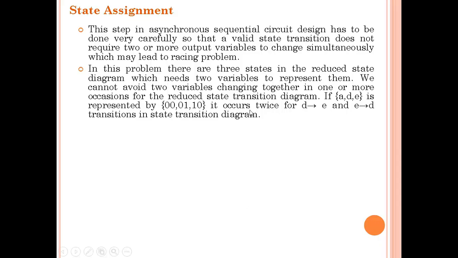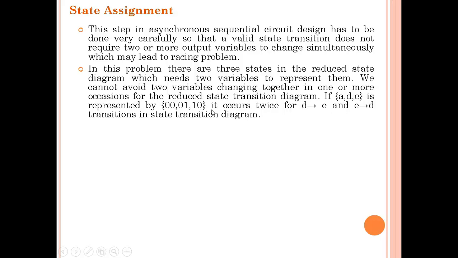In this problem, there are three states in the reduced state diagram, which need two variables to represent them. We cannot avoid two variables changing together on one or more occasions for the reduced state transition diagram. We have the states A, D, E. A is represented by 0 0, D by 0 1 and E by 1 0.